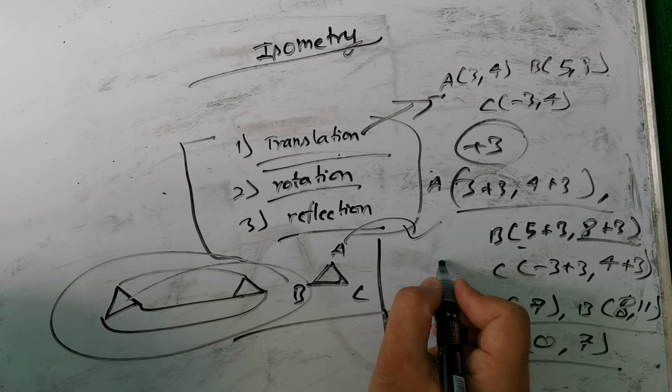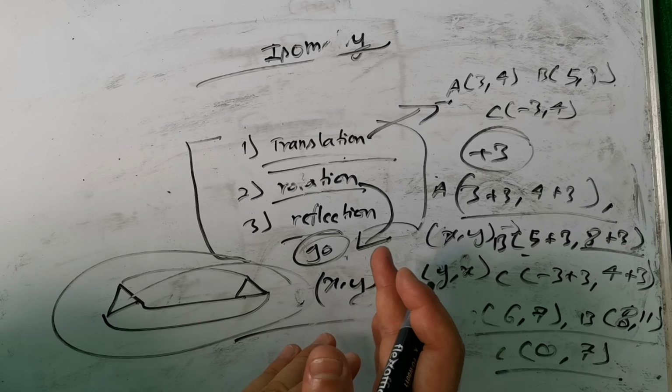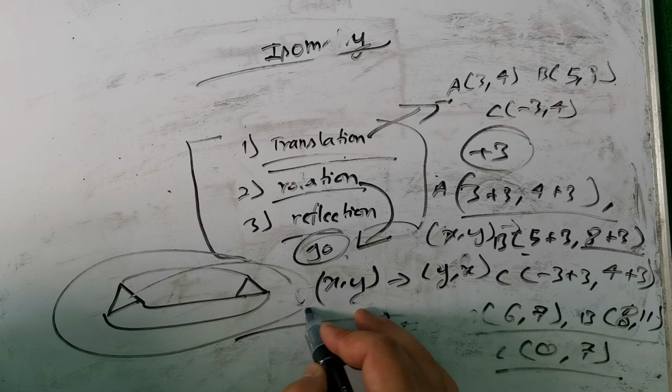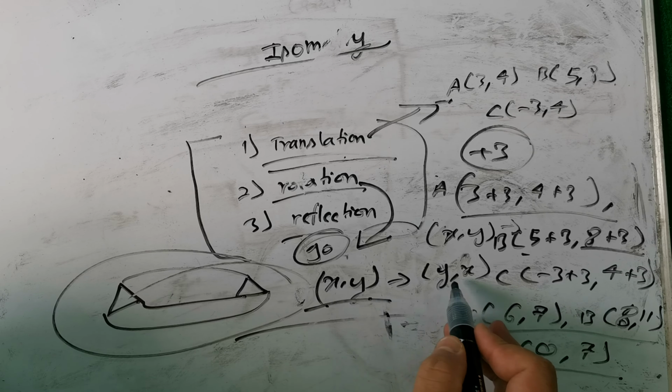This becomes like this, A, B, C. In rotation, the (x, y) becomes (y, x) if it is in the first quadrant, where both x and y are positive. If the rotation is 90 degrees clockwise in the first quadrant, then (x, y) becomes (y, x).